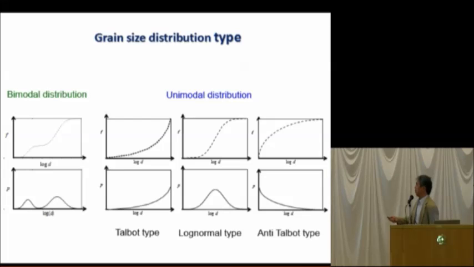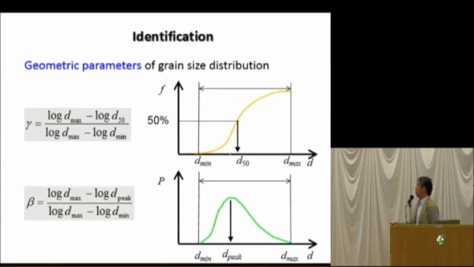To identify these types, we make two parameters, gamma and beta.